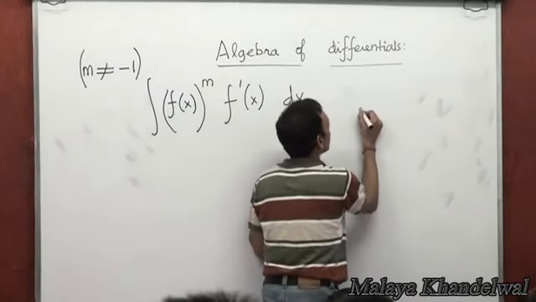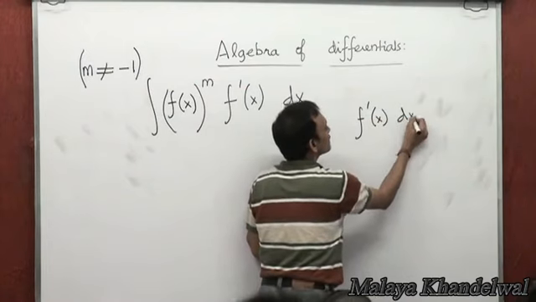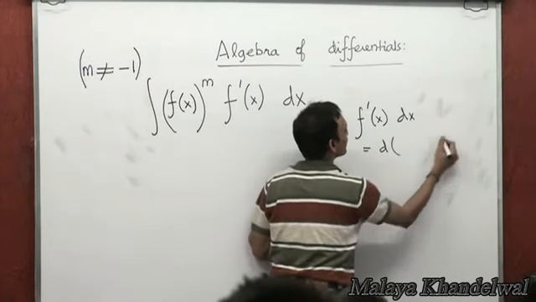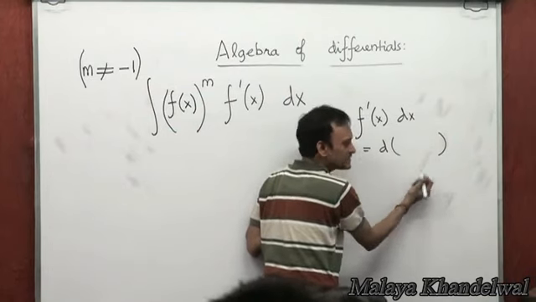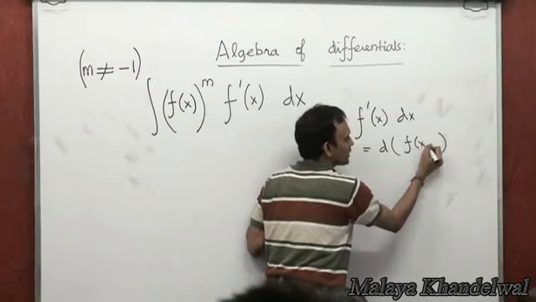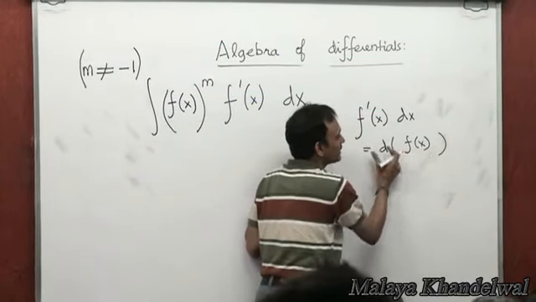Now, f dash x dx is d of what? It's d of f(x), right? This is what I said to you right in the very beginning. Because d/dx of f(x) is f dash x.